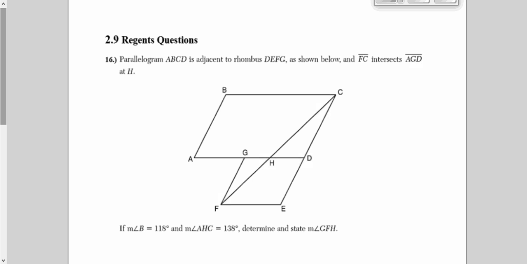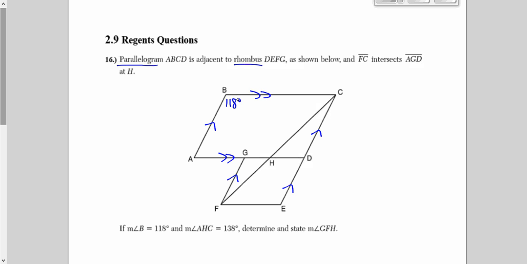We got a parallelogram, right? And we have a rhombus. So we know this and this, and also this and this will be parallel. These guys have to be like that. Okay. And we have angle B is 118. We'll put that in there. Angle AHC.